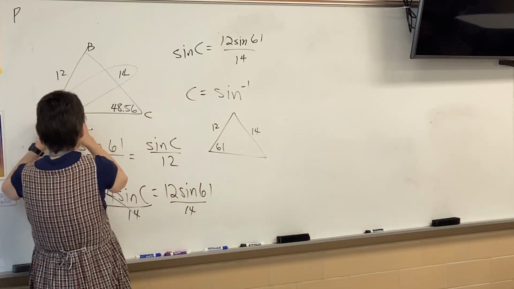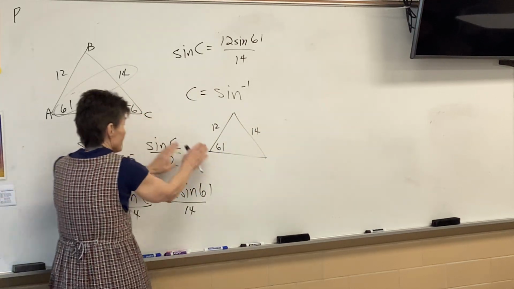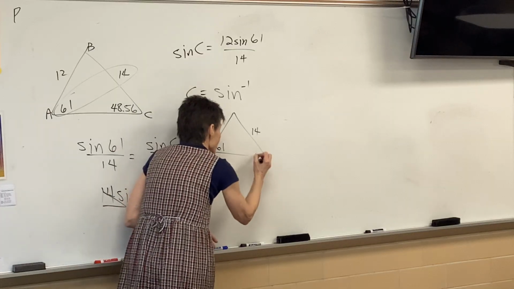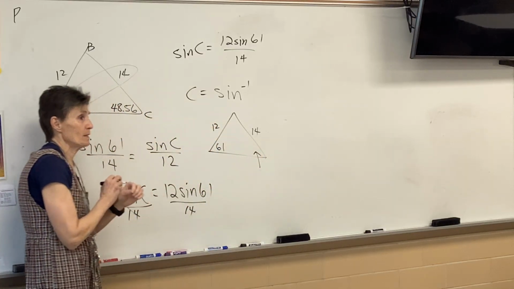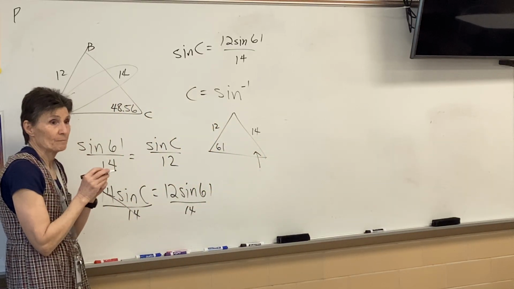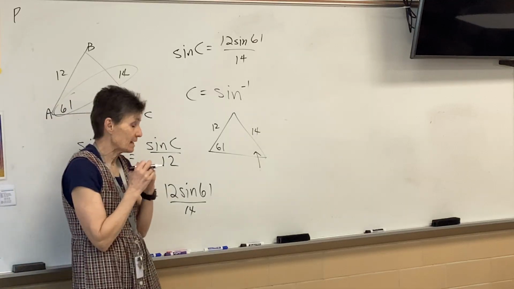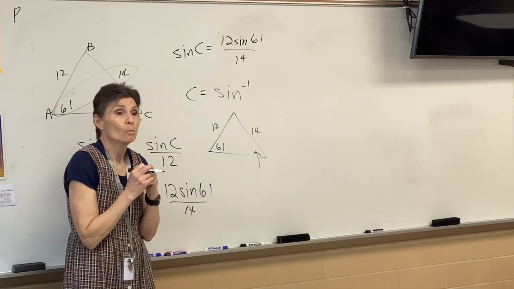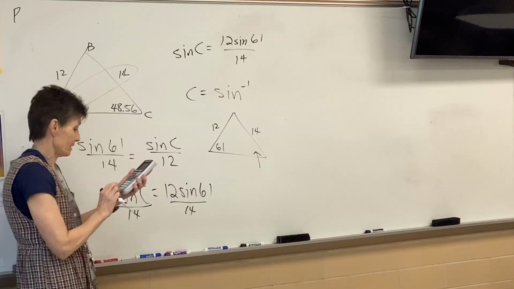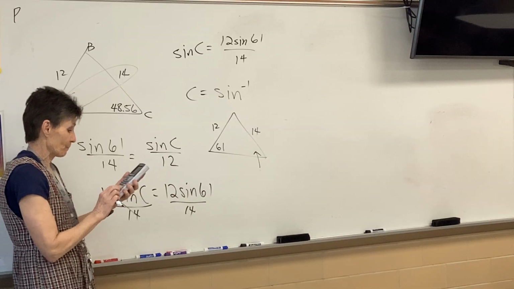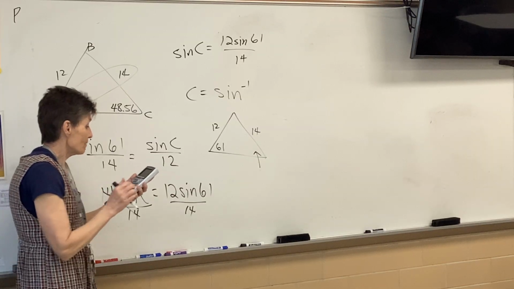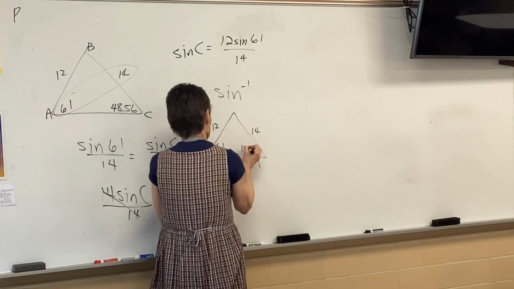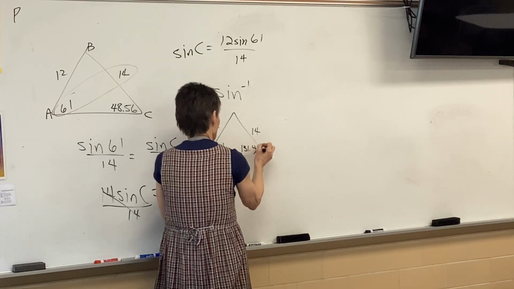So it's gonna have the 61, the 12, and the 14. But it's gonna have a different angle C. Who remembers how I find that angle C? 180 minus that, exactly. So that would have to be 131.44.